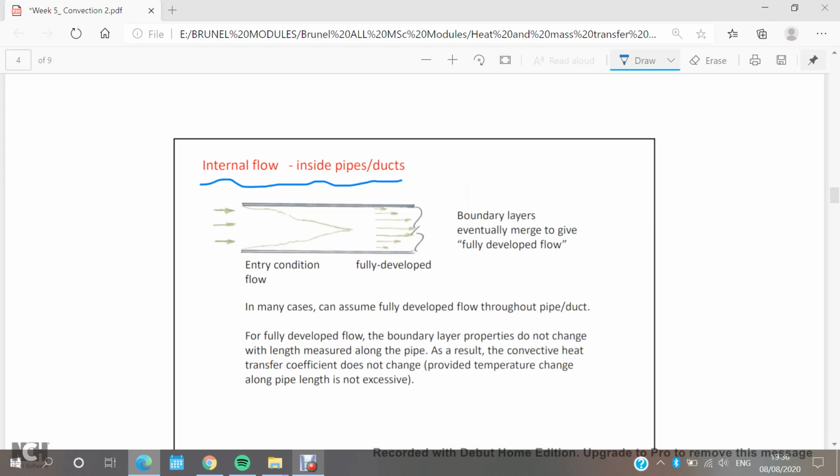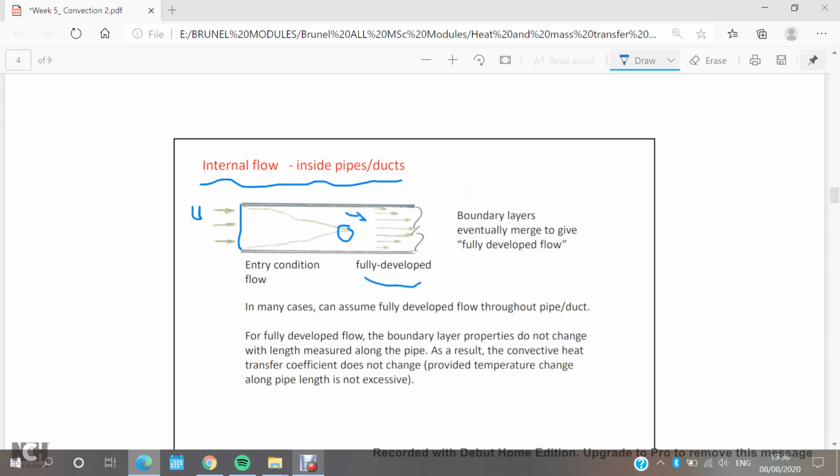Initially the flow starts moving at the beginning of this tube with a velocity called u, let's say, and because of the inertia of the flow, a boundary layer will be generated, and this boundary layer will be merged at a point here, and after this point the flow will be fully developed.